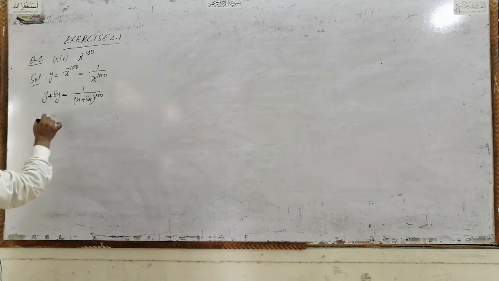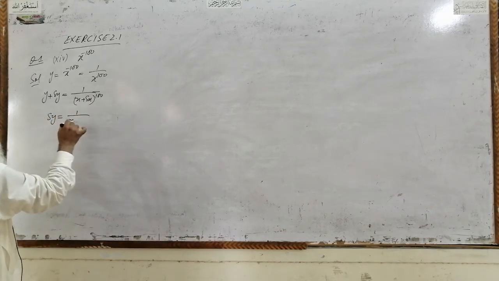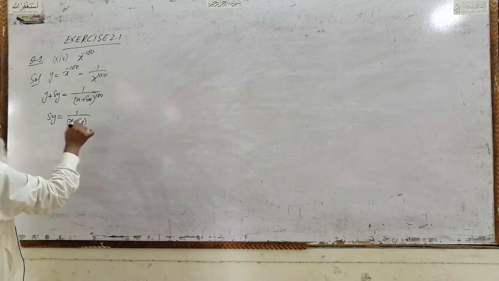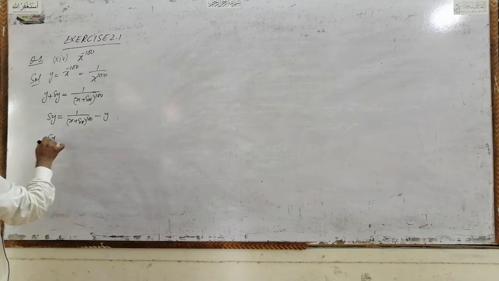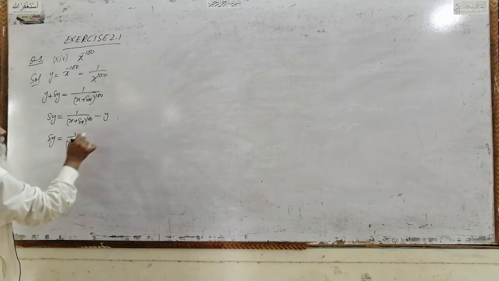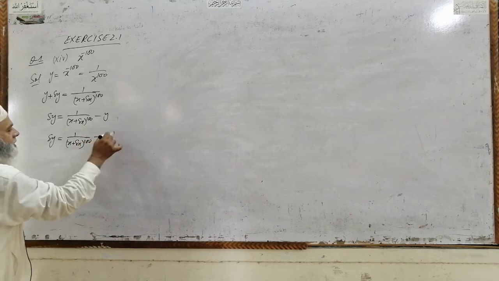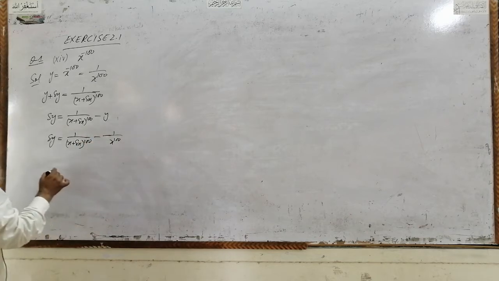Now what you have to do, next step is keep delta y on the left hand side and take y on the right hand side. What is the next step? Use the value of y. What is that? That is 1 over x raised to 100.